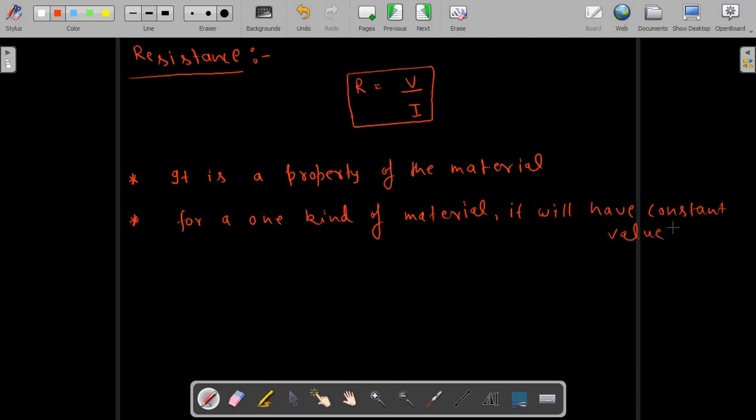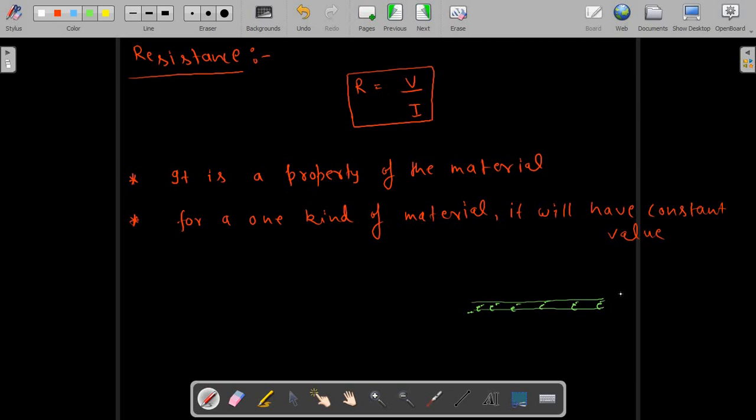By resistance, what do we understand? It hinders the flow. It reduces the voltage value? No. Since it is a property of the material, suppose electrons are flowing into the wire.